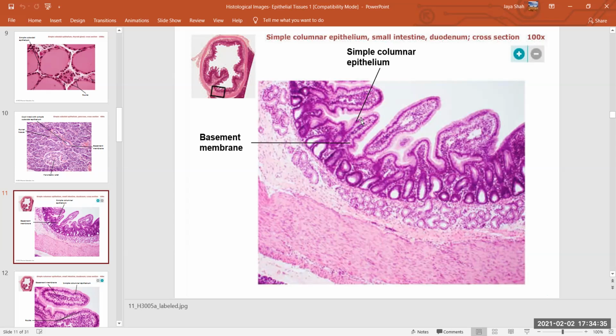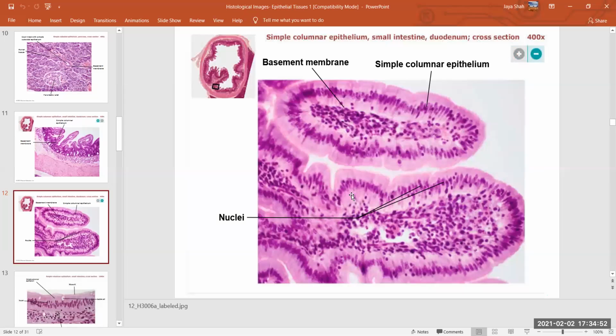On top, you see the columnar cells packed. You cannot see even a single nucleus. So this is the villi, villus. And on the villus, you have a lot of columnar cells, a single layer of columnar cells. That is simple columnar. Let's magnify, 400 magnification.